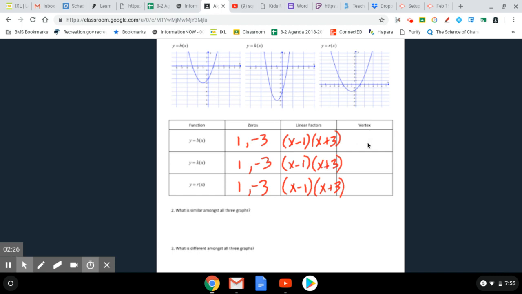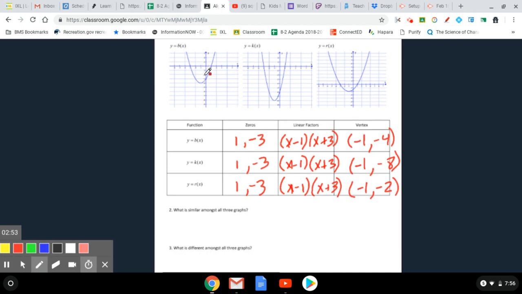Okay. Now, for each vertex, I'm going to go through and locate the point that the parabola shifts from either decreasing to increasing or increasing to decreasing. In all three of these cases, since they're upward facing, all of their vertices are minimum points, so they're going from decreasing to increasing.